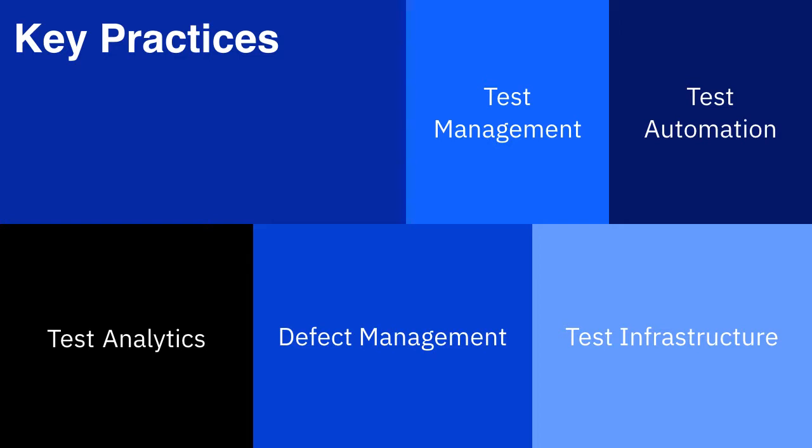All those tests, the scope of those tests, and then how you're going to perform those tests, and the details of those test cases, that all forms part of test management.